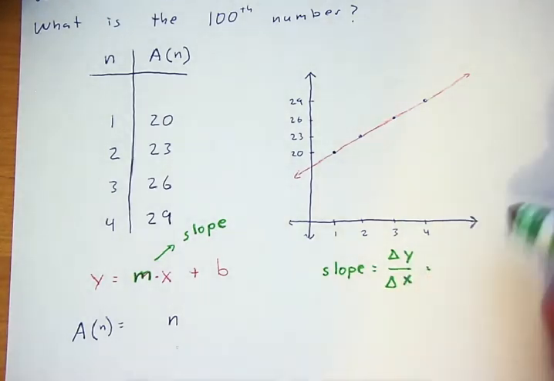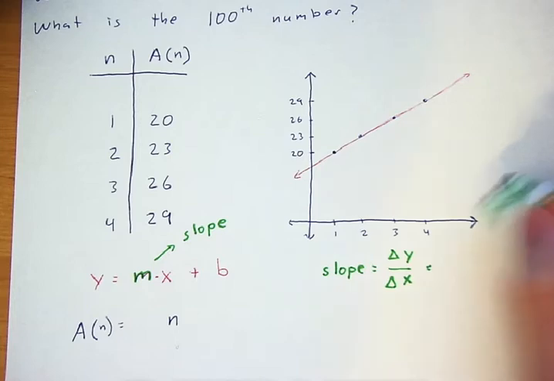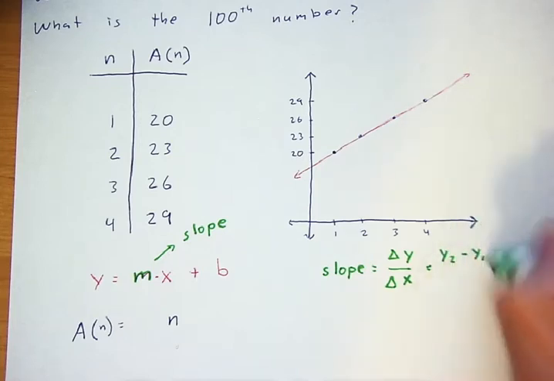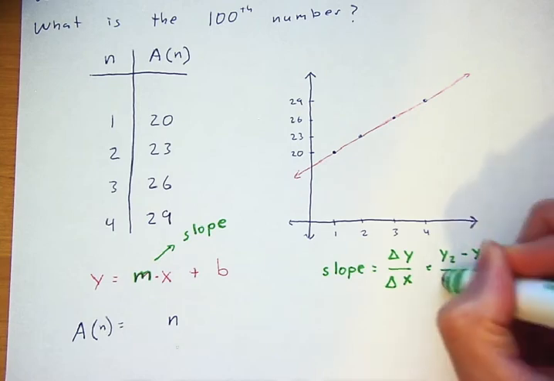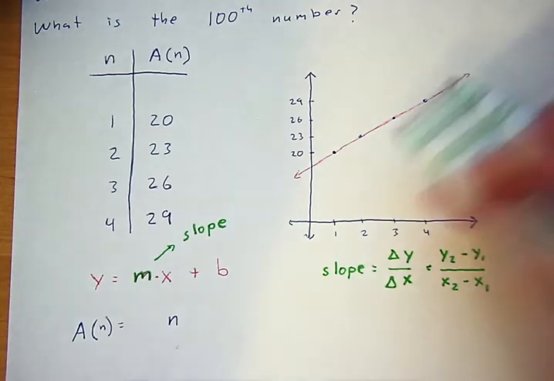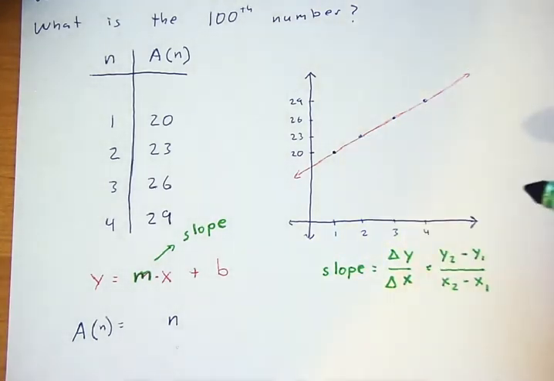The equation you probably saw before is y2 minus y1 over x2 minus x1. Looking at our graph, you can choose any 2 points.